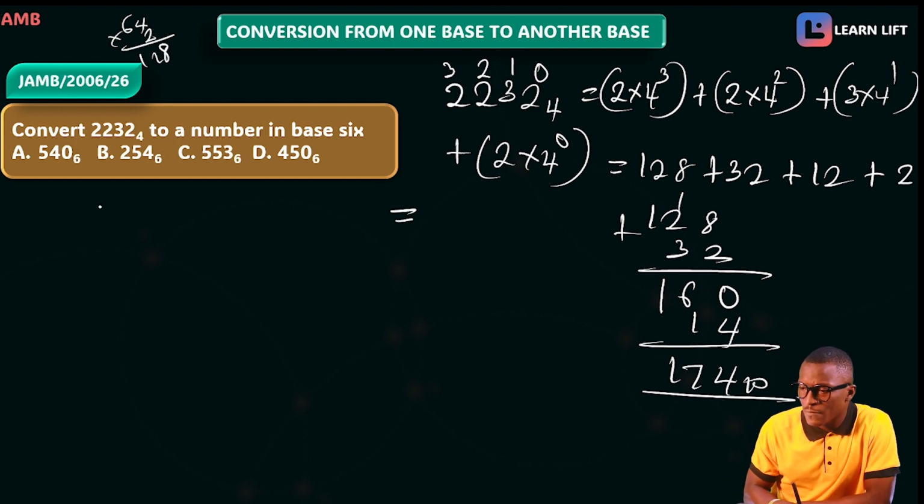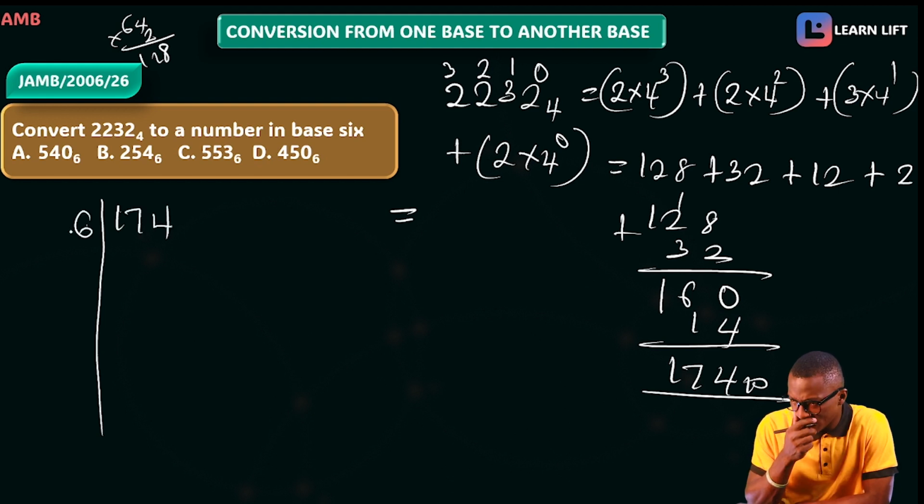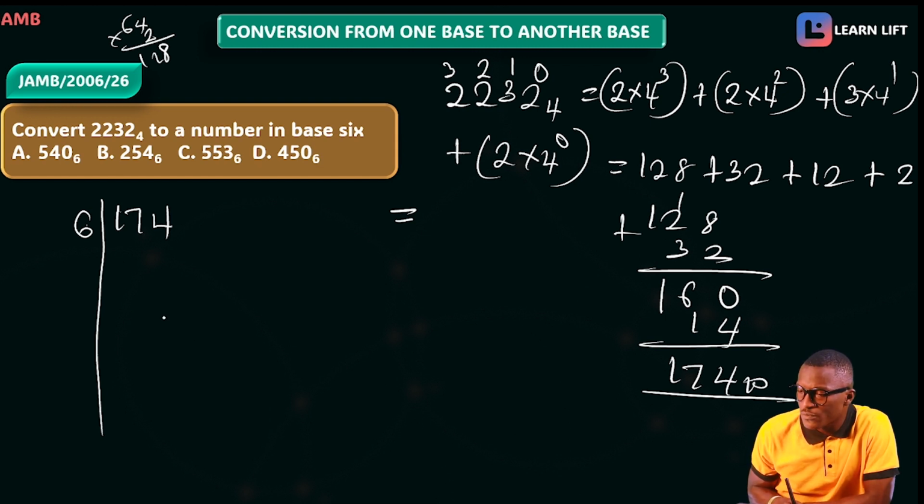So let's convert that now. 174 now becomes 174 in base 6. How do you convert that in base 6? How many times will 6 go into 174? So 6 into 17 will give me 29.